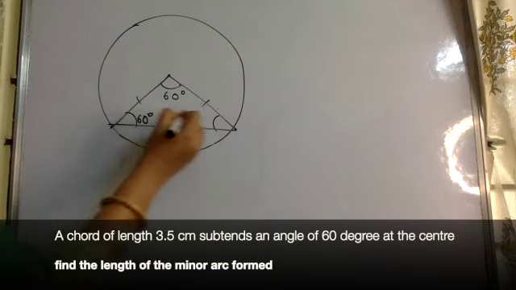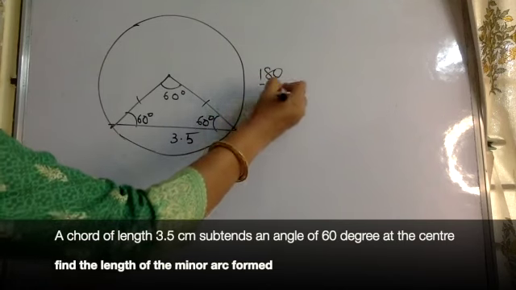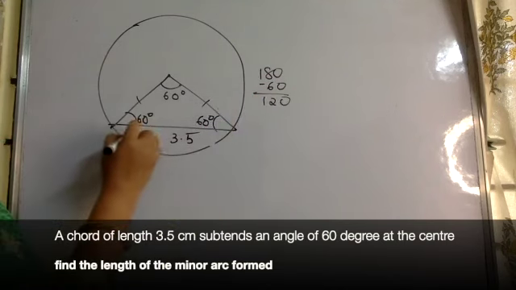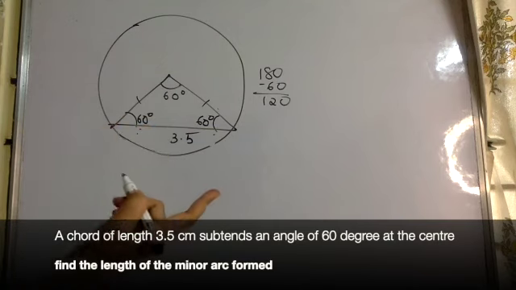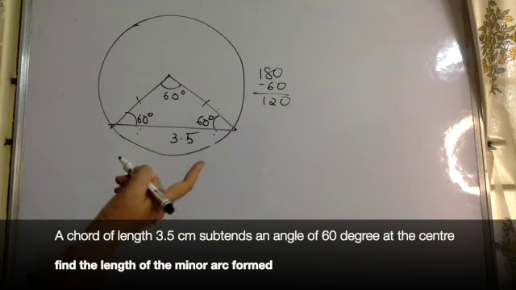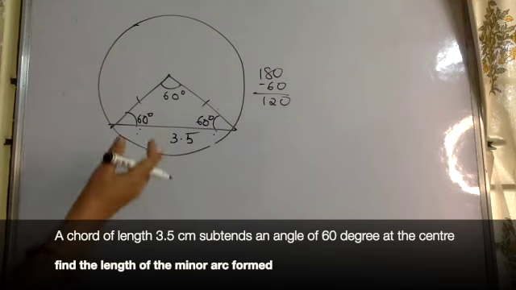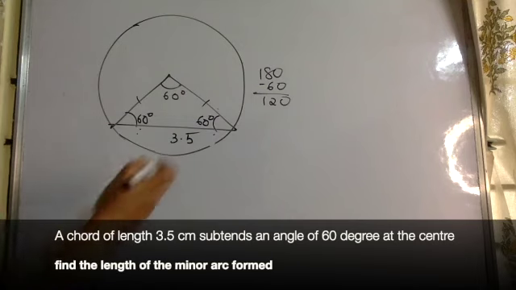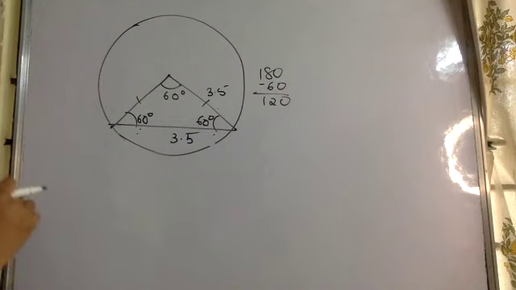So this is 60 degree and 60 degree. From an isosceles triangle, it has converted to an equilateral triangle. Now this is also 3.5, so we got the radius also as 3.5.